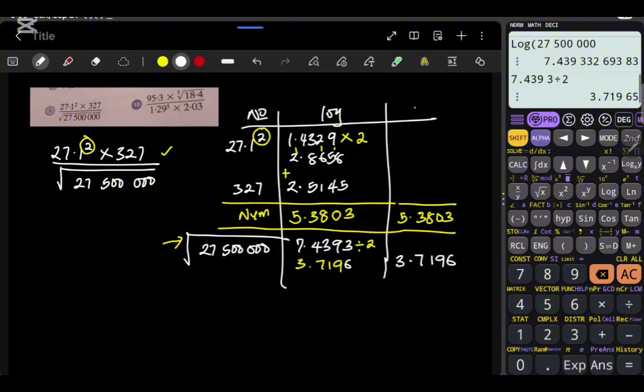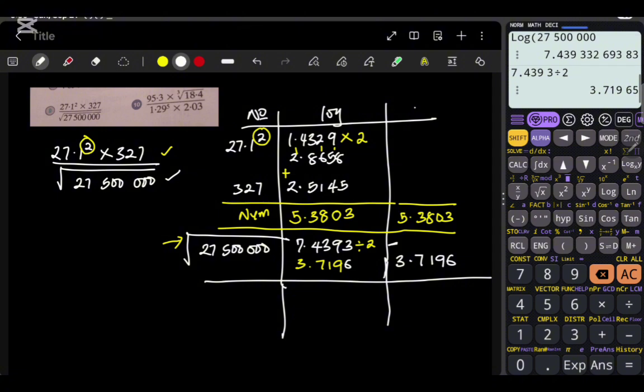So you're going to subtract now. You have the numerator, and you have the denominator. The numerator is being divided by the denominator. So division in logarithm is subtraction. So I'm going to subtract this bottom one from the top one.